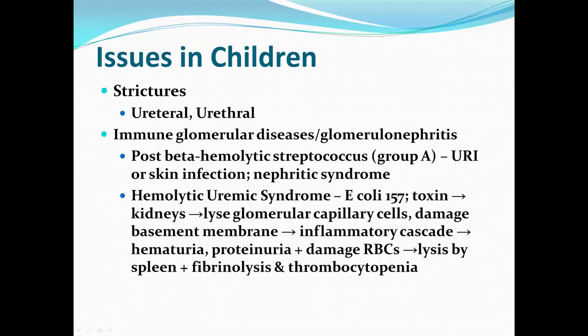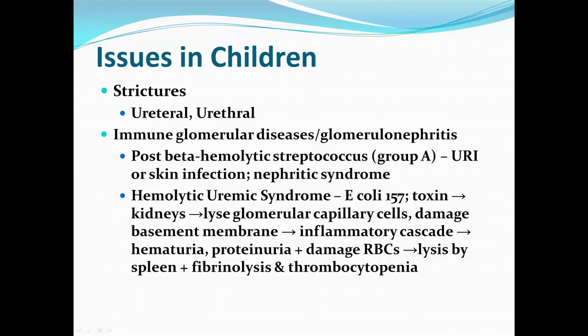Again, relieving the stricture takes care of the problem. Unrelieved, it makes sense though that either a ureteral stricture or a urethral stricture increases the probability of infection within the urinary tract. And so that's, again, one of the things you would want to be watching for.